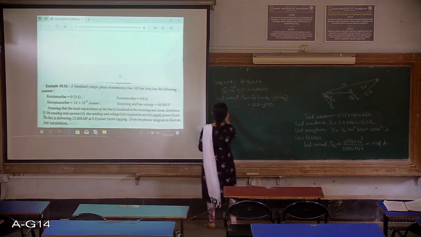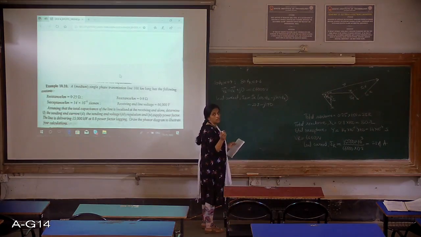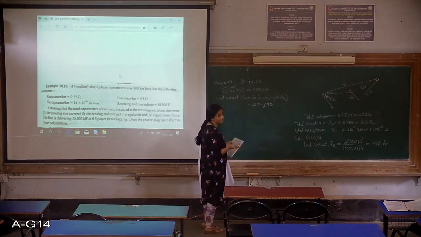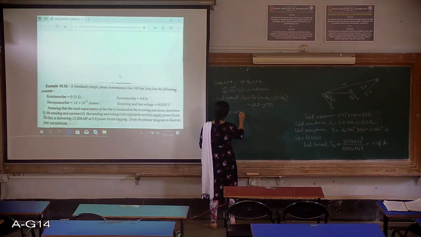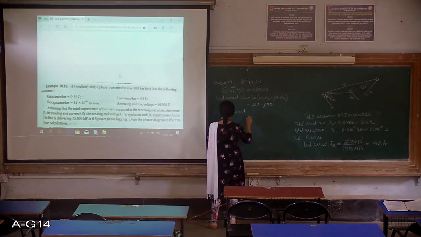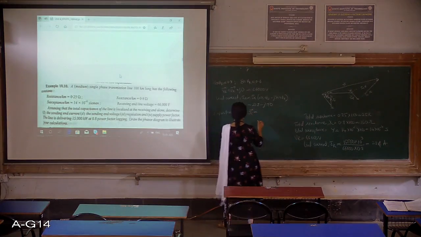Now one more additional thing as compared to short transmission lines is that you need to calculate the capacitive current IC. We have written the expression for that.